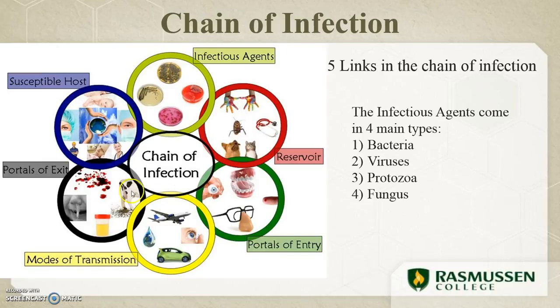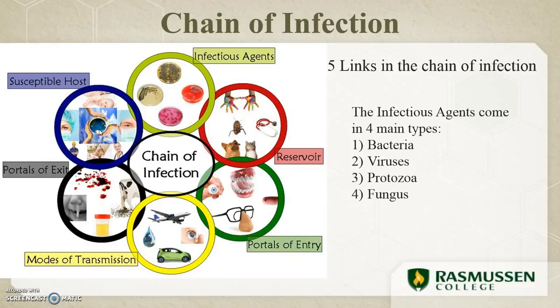Once it has entered and it wants to start infecting people, it needs to have a mode of transmission. That is really how your microorganism travels from one person to another. That could be either direct or indirect contact. The portal of exit is exactly the same as the portal of entry. How it got in is how it will get out.